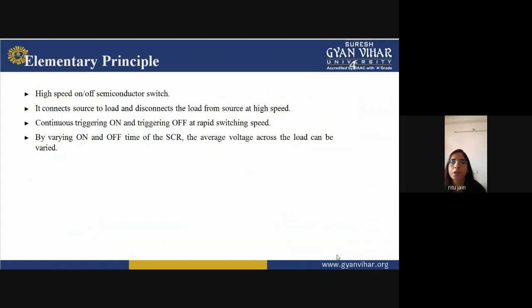So high speed on and off of the semiconductor switch connects the source to the load and disconnects the load from the source at high speed, with continuous triggering on and triggering off at rapid switching speed. By varying the on and off time of the SCR, the average voltage can be varied. Okay.